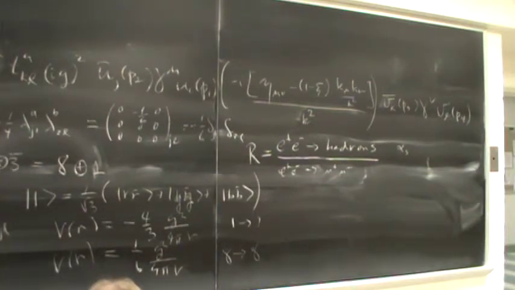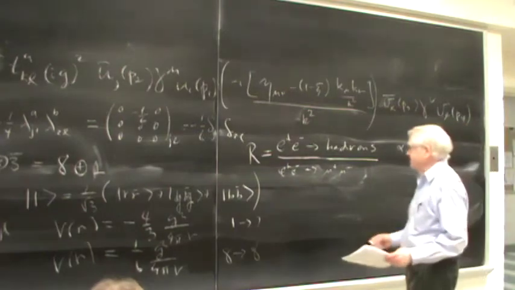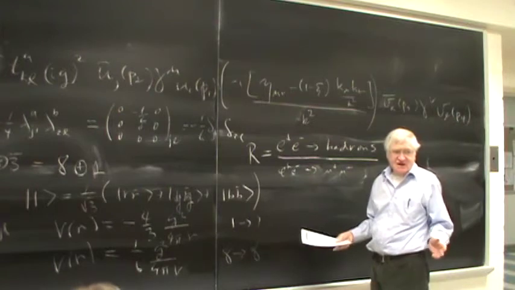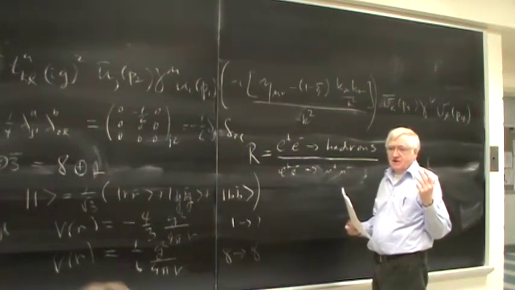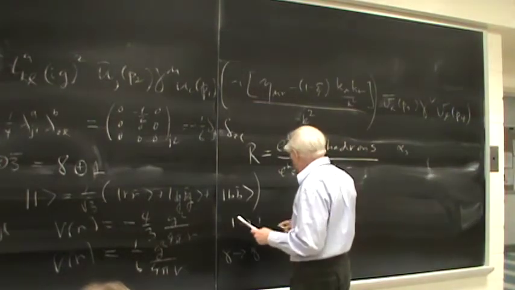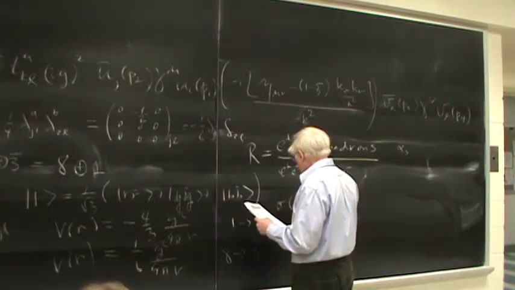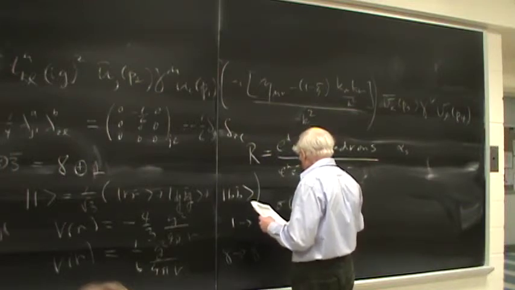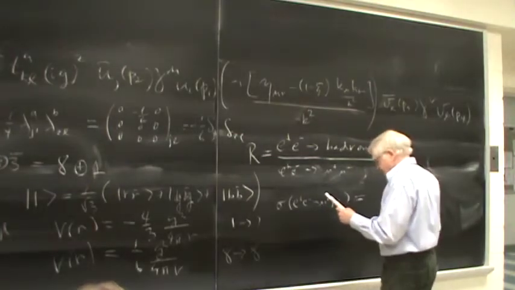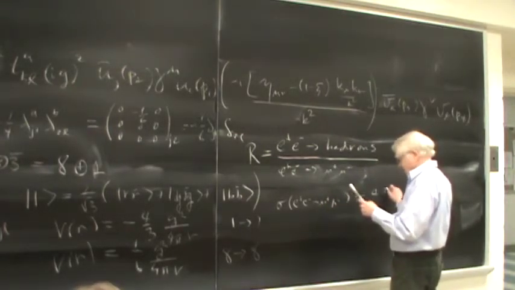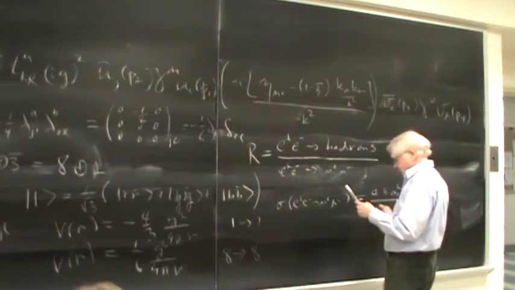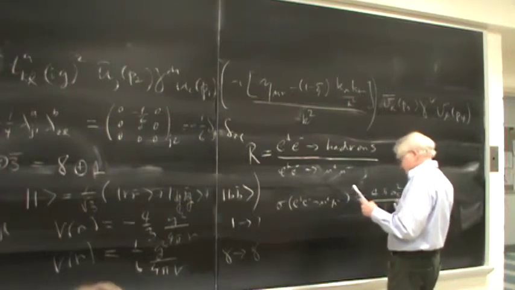All right. Now, we previously computed e plus e minus goes to mu plus mu minus, and in fact, because the mu's are different from the e's, the calculation was simpler than e plus e minus goes to e plus e minus. What we found for this cross section, sigma, e plus e minus goes to mu plus mu minus, in the center of mass, is 4 pi alpha electric squared over 3 E center of mass squared.